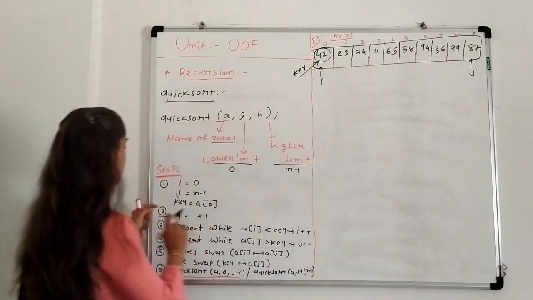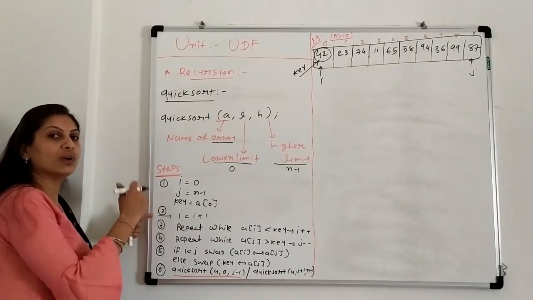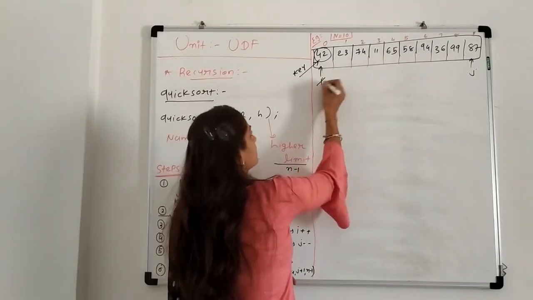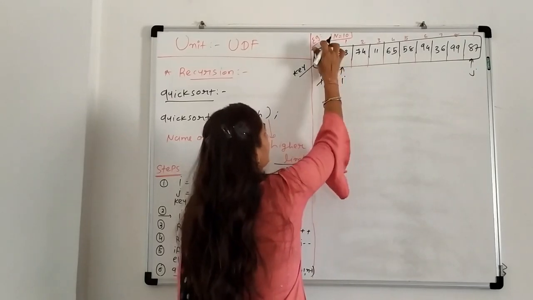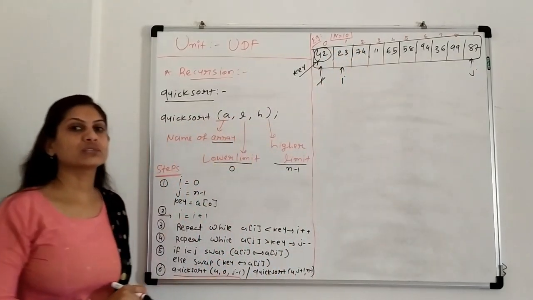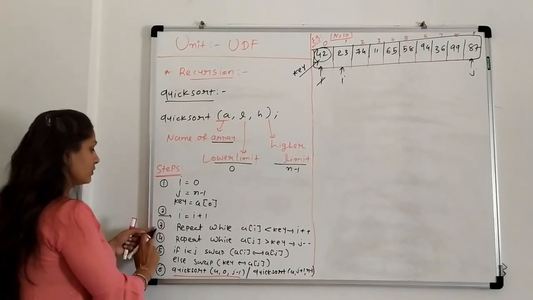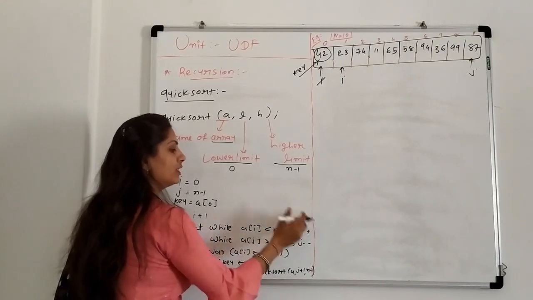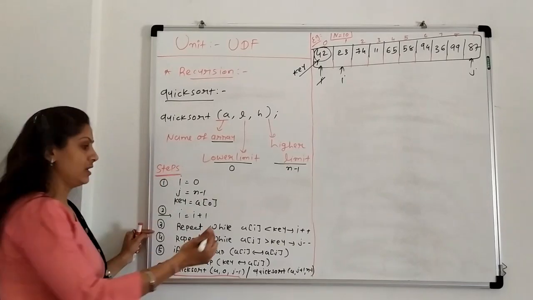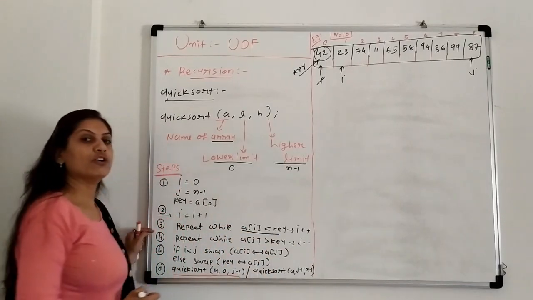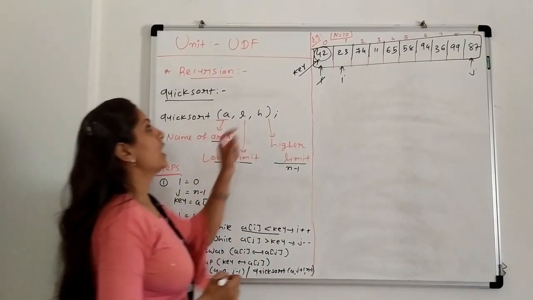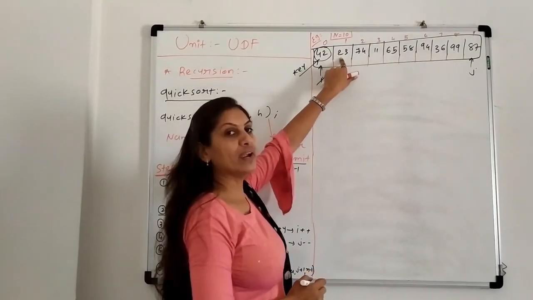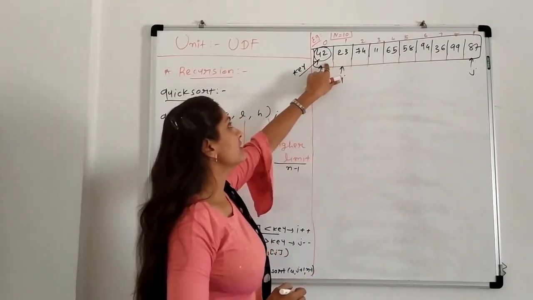Now the second step, i equals i plus 1. So i is incremented by 1, from 0 to 1. Now the third step: while a of i is less than key, we increment i by 1 until a of i is no longer less than key.